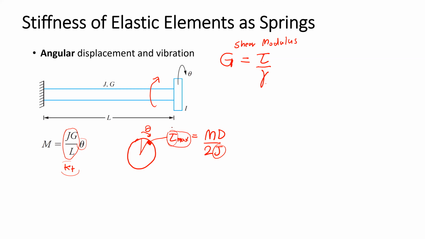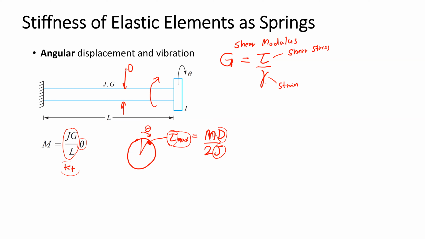The shear stress is equal to the moment that we apply multiplied by the diameter of the rod, divided by 2 times J. J is the second moment of area.